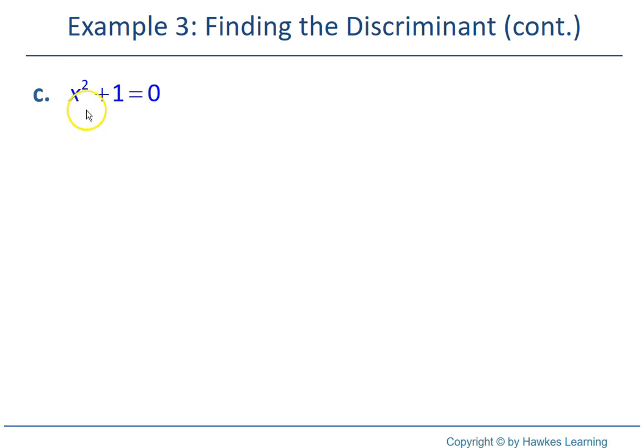Okay, now for this one, you might say there is no b. Well, yes, there is a b, but the b is a 0. So, and our c term is a positive. So we're going to square 0 and get 0, and then we're going to go negative 4 times 1 times 1 is going to give us a negative 4. So under the radical sign, let's just look at it.